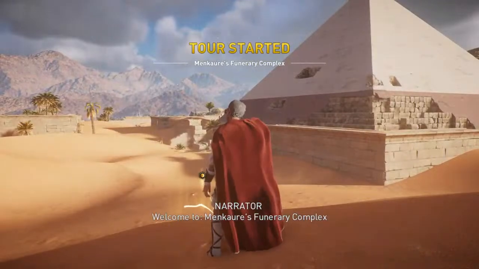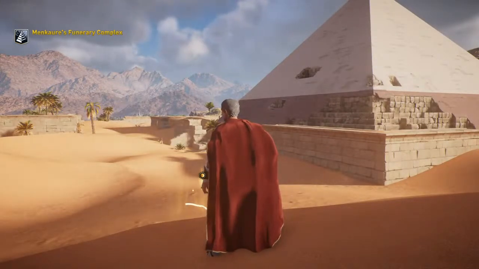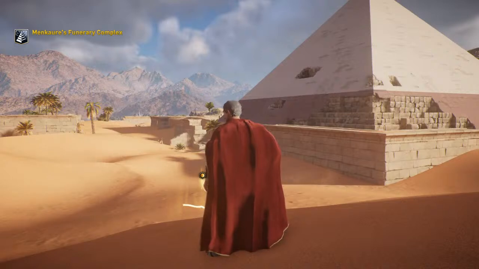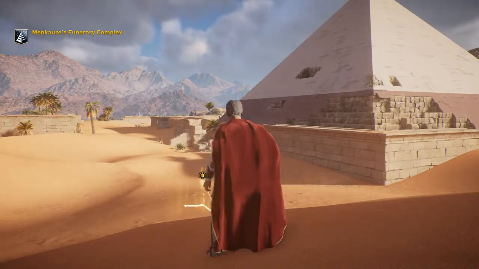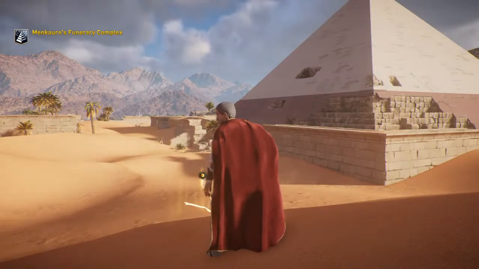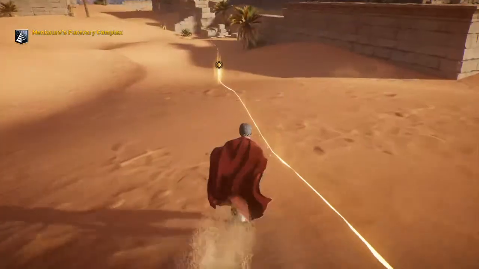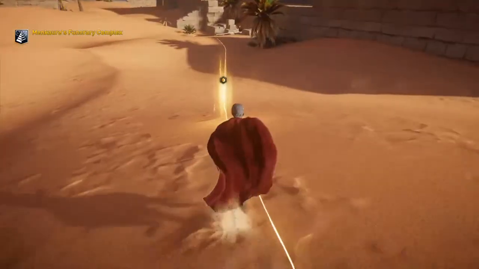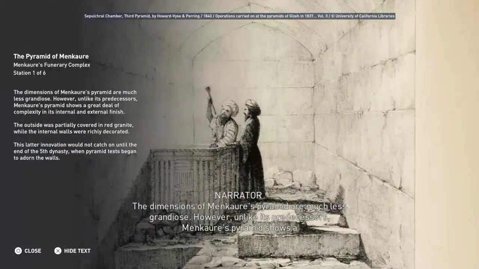Welcome to Menkaura's funerary complex. The dimensions of Menkaura's pyramid are much less grandiose.